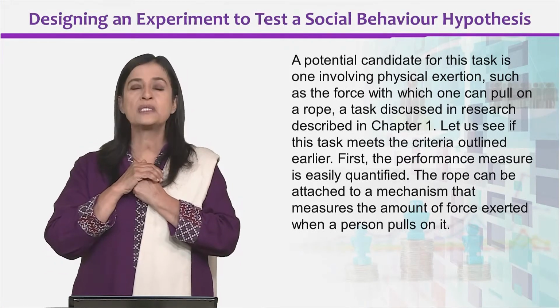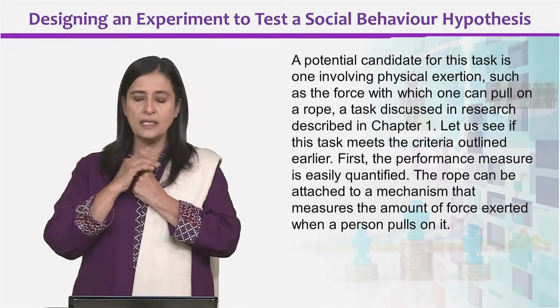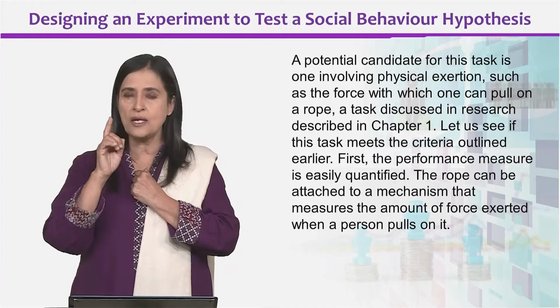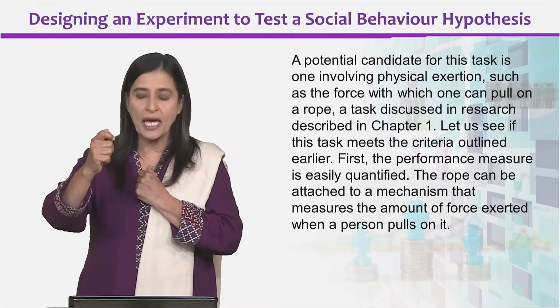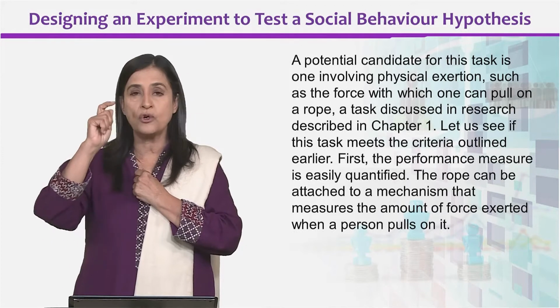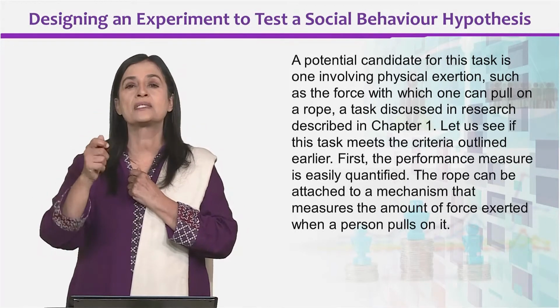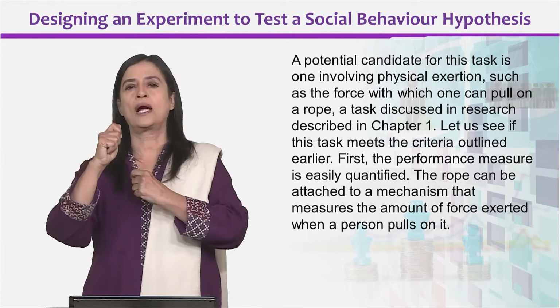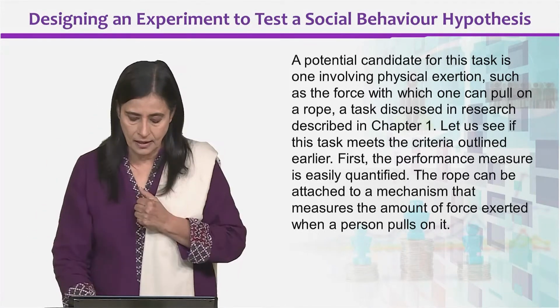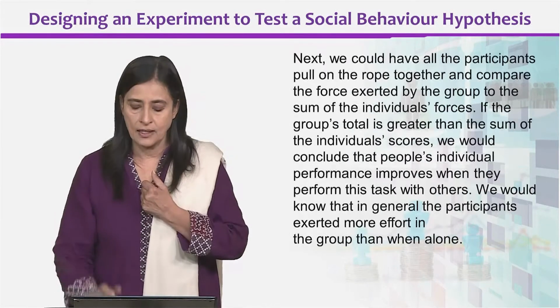So let us see if this task meets the criteria outlined earlier. First, the performance measure is easily quantified. The rope can be attached to a mechanism that measures the amount of force exerted when a person pulls on it. तो जितना वो जोर लगा के खींचता है वो एक्चुअली मेजर हो जाता है. ऐसा उसके साथ एक मैकेनिकल आपको डिवाइस लगानी होगी.